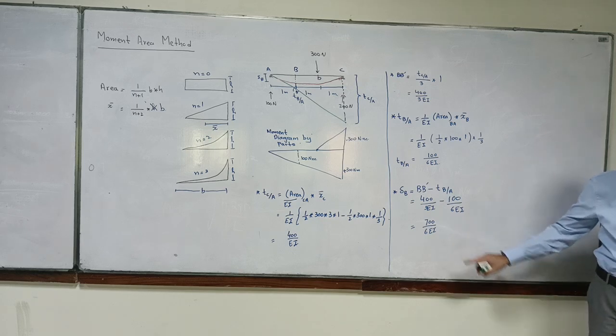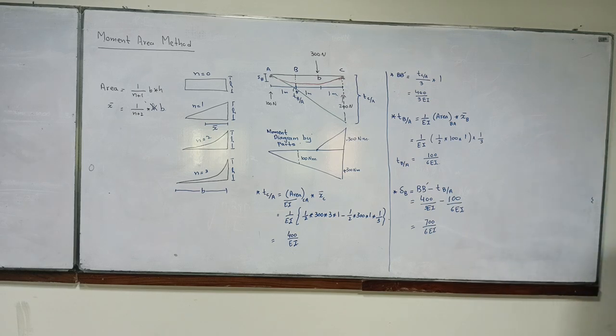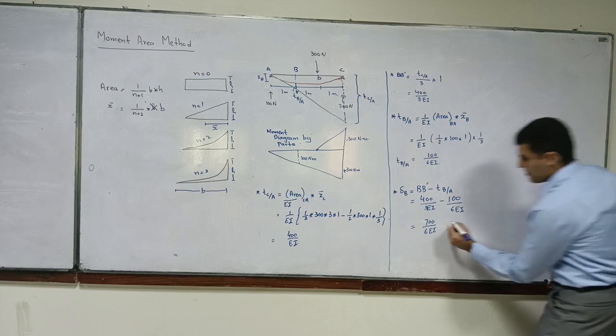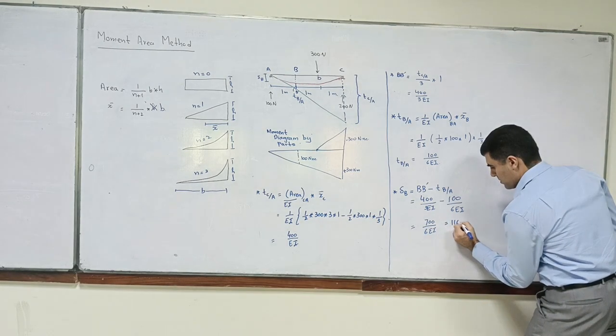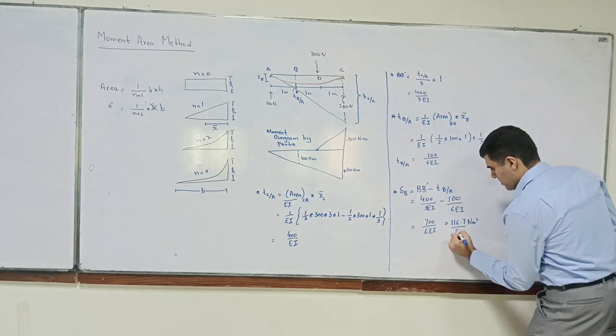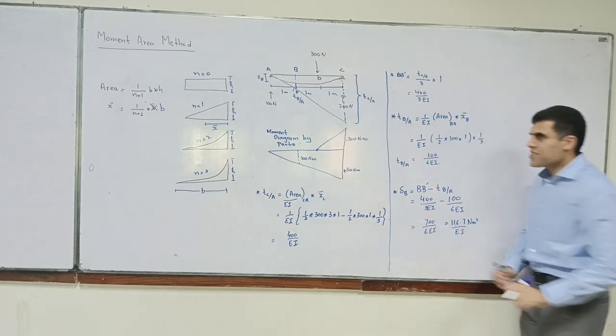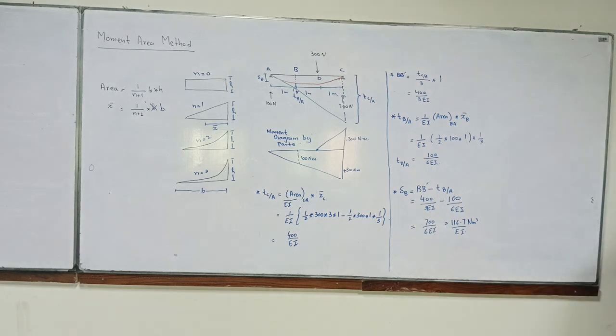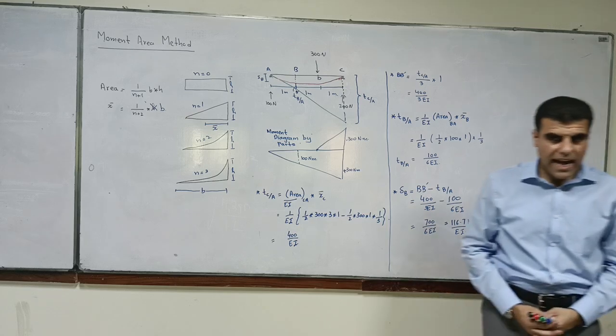Can you do that? 116. 116 to 6. So that is your delta B. Is this okay? Any question?